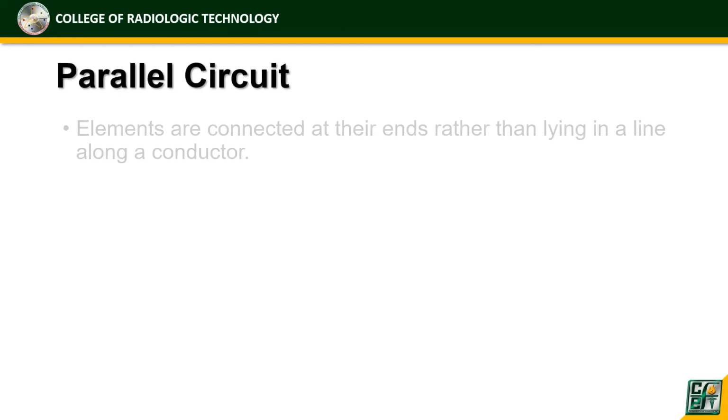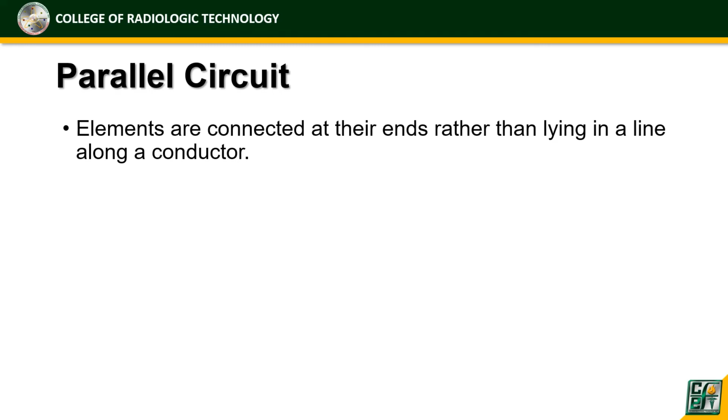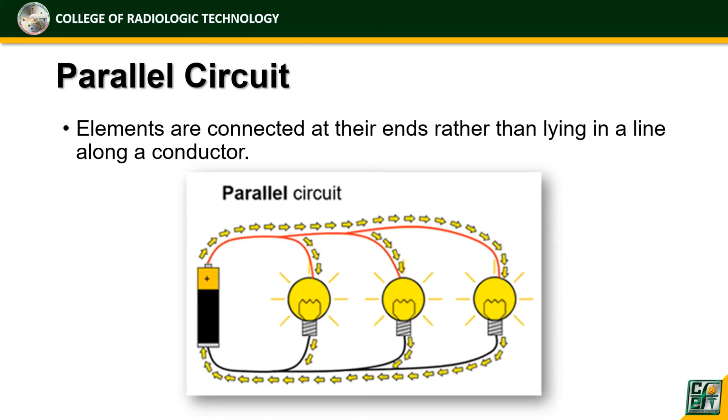The second type of circuit is the parallel circuit. The circuit elements in these circuits are connected at the ends rather than lying in a line along a conductor. So ibig sabihin, hindi siya magkakadugtong in one line. Okay? So magkaka-connect daw siya sa end. So beginning at saka end.